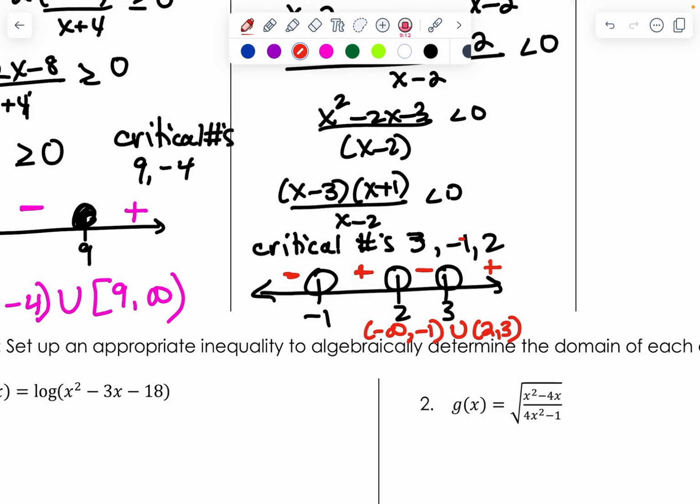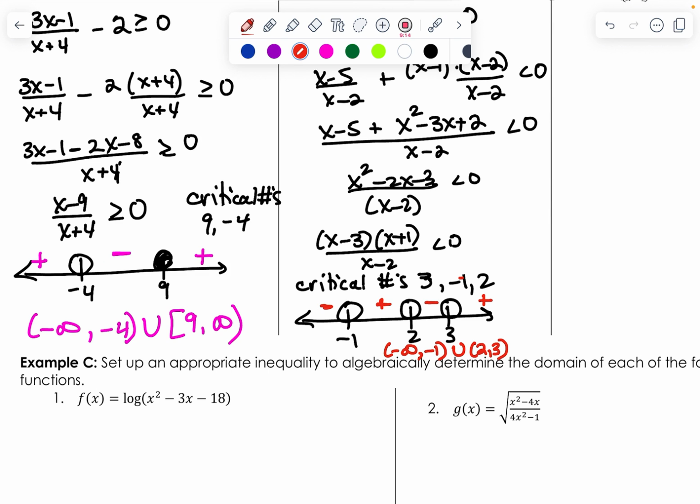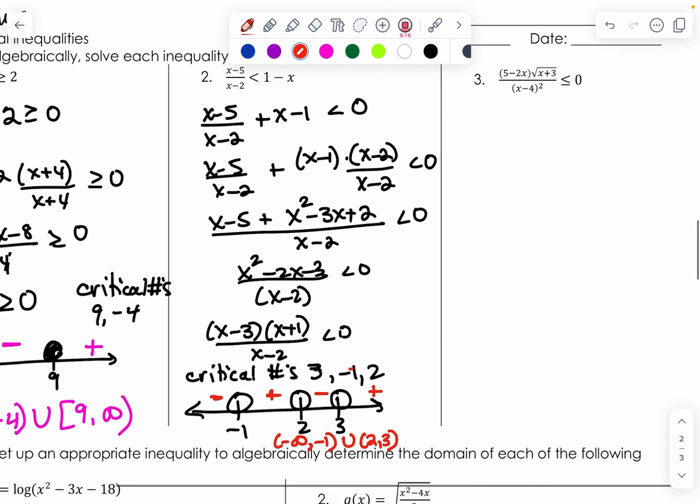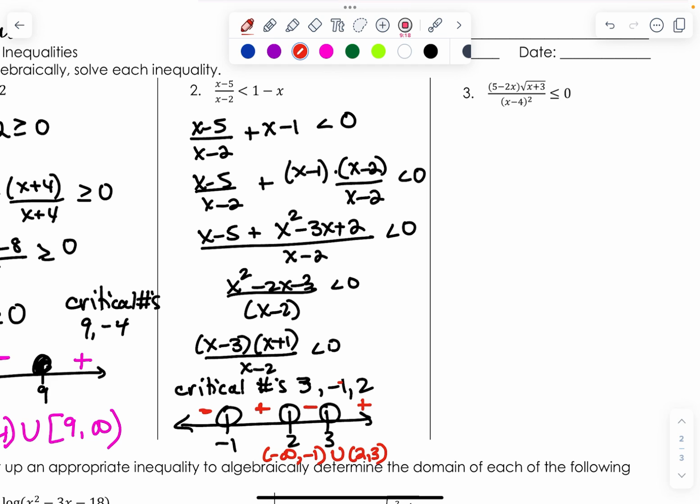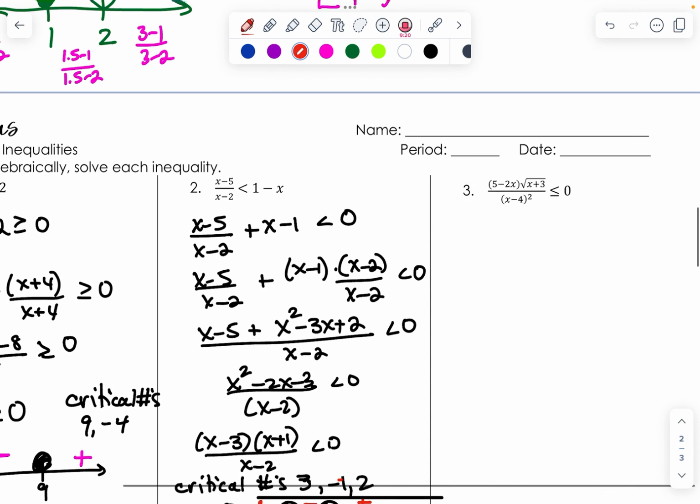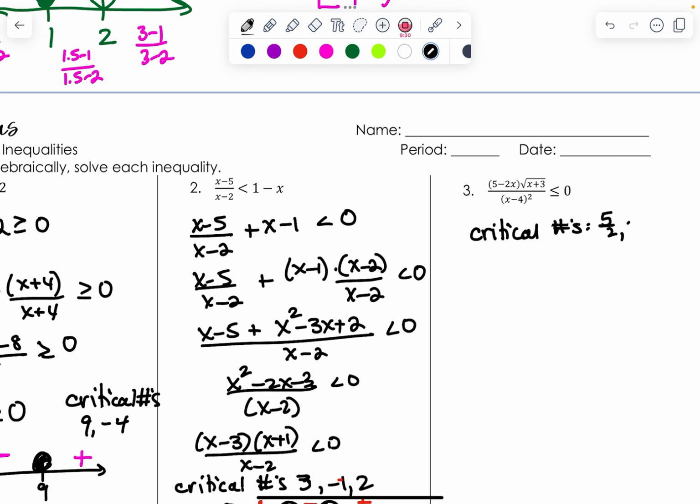At any point, pause and rewatch anything you need. Okay, now this one, it's already factored for me. So my critical numbers are 5 halves and 4.